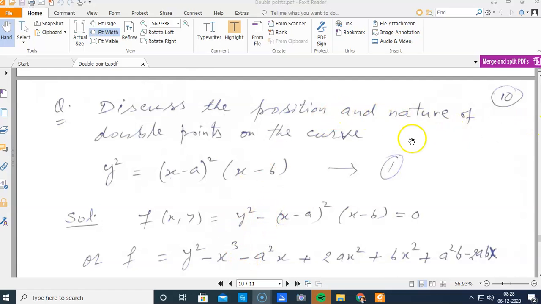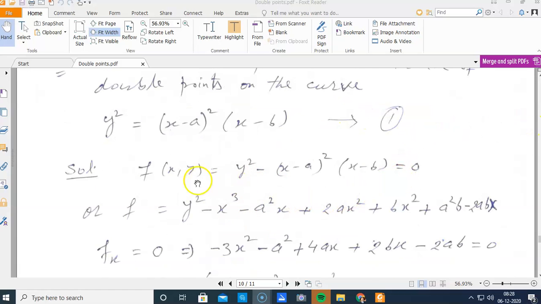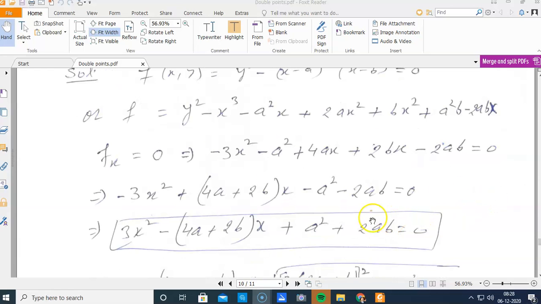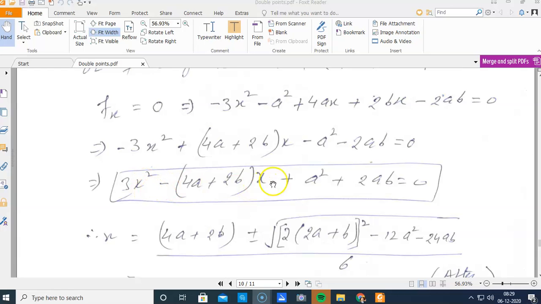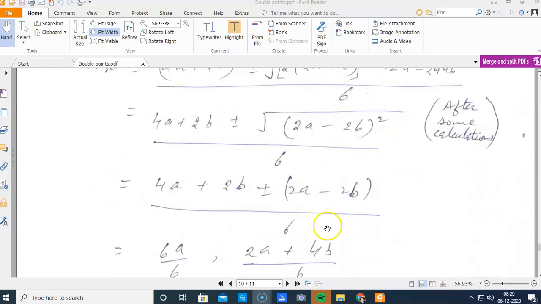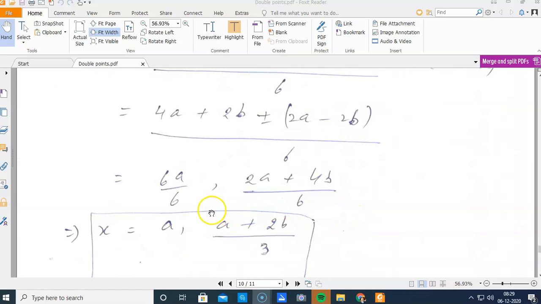Discuss the position and nature of double points of this curve. Here fx is this. Taking the right hand side to the left hand side and expanding all this, we get f equal to this. fx equal to 0 gives me this quadratic in x, and solving it, after some calculations, we get the values of x as a and this one.